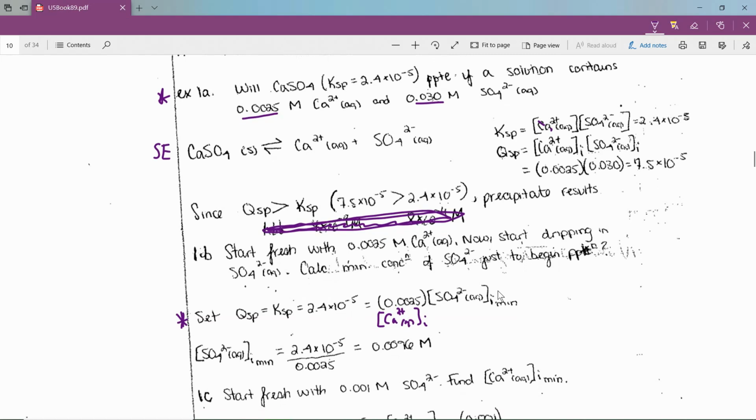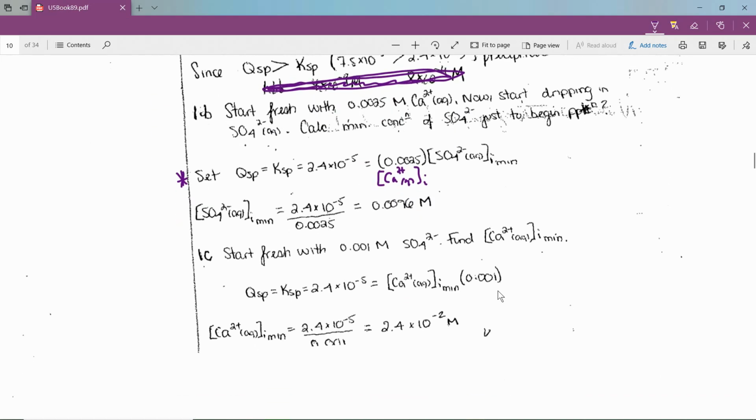So my minimum sulfate concentration is going to be 2.4 by 10 to the minus 5 divided by 0.0025. So that is 0.0096 molar, which is 9.6 by 10 to the minus 3, which is less than the 0.03. So the MIN stands for minimum. When you think of minimum amounts needed, think of setting QSP equal to the KSP. Okay?